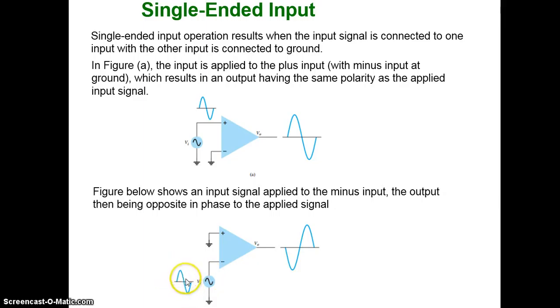Here it starts from positive to negative, here it starts from negative to positive. So the output will have a polarity change when you connect the input to the inverting or minus terminal. That is single-ended operation. So at a time we give input to one terminal only. The other terminal will be grounded.